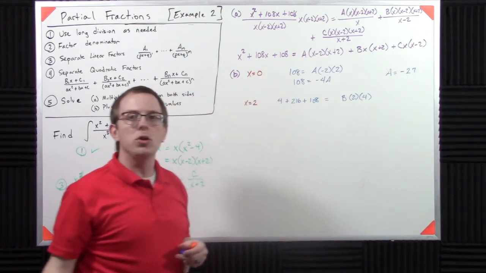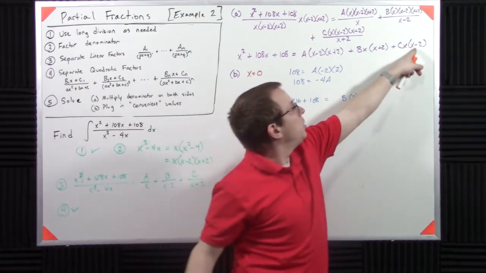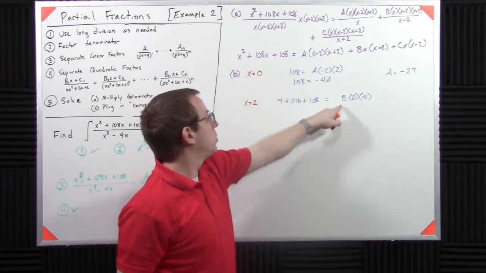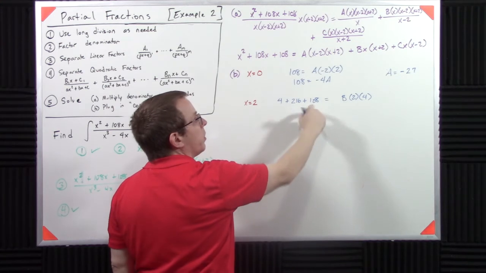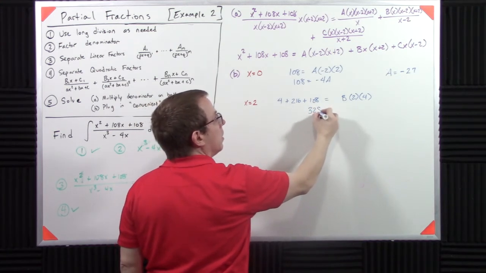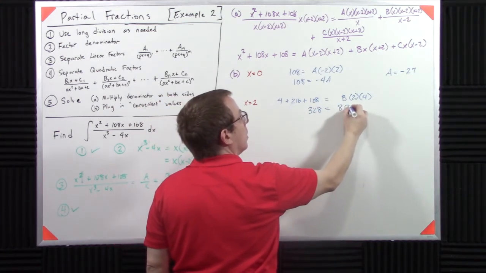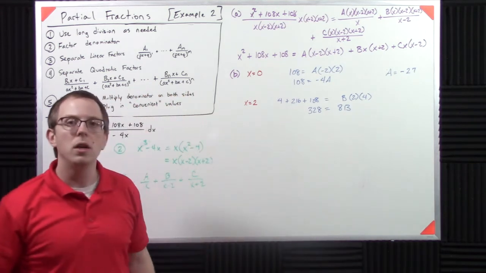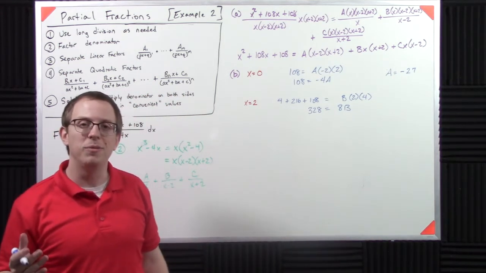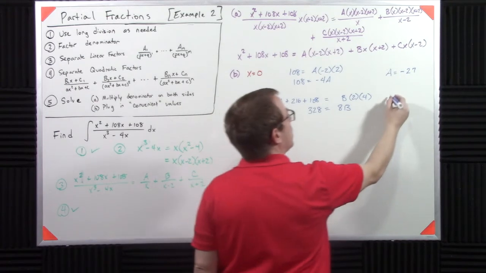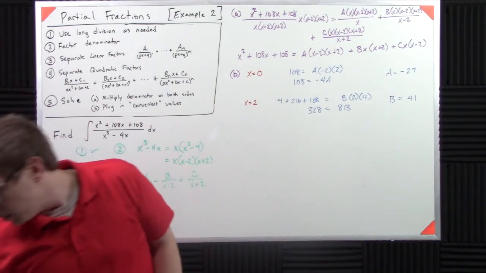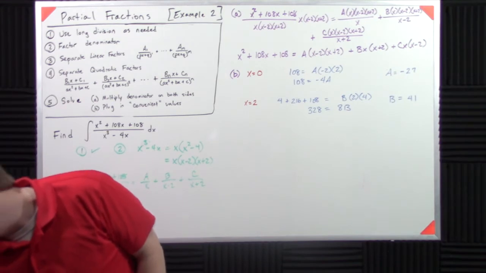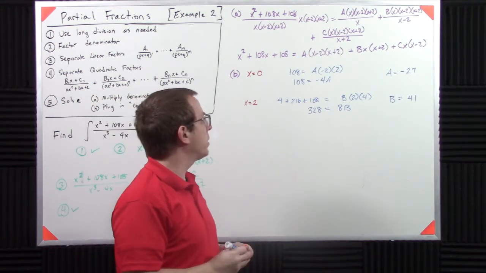C also vanishes, because plugging in 2 makes it vanish. So I end up with 128 equals 8B. If we divide both sides by 8, it looks like B is 16.